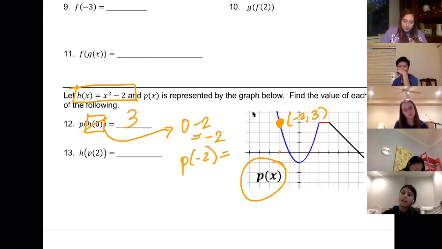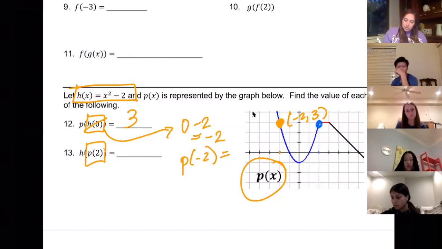Oh, okay. I had no idea how to do that. Because one of them is a function and then one of them is a graph. So we're combining both. Normally we've looked at this as the equation half and this as the graph, but we haven't ever combined them. So for 13, I would do the same thing, where I would now go to p of 2 on the graph first, which is 3.